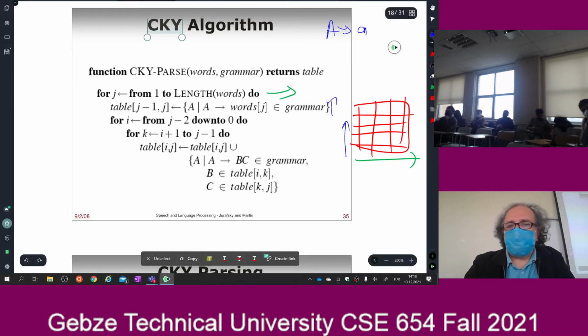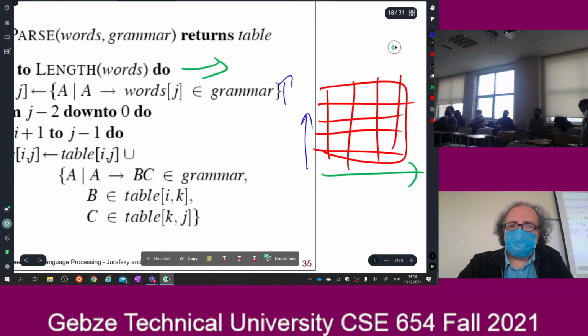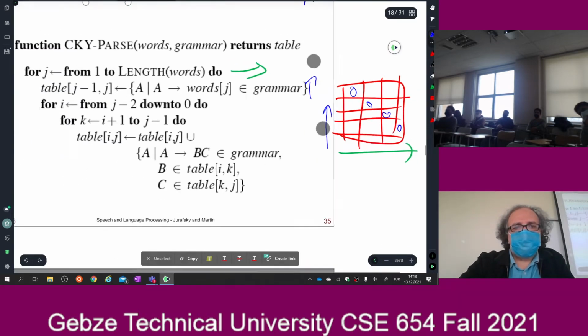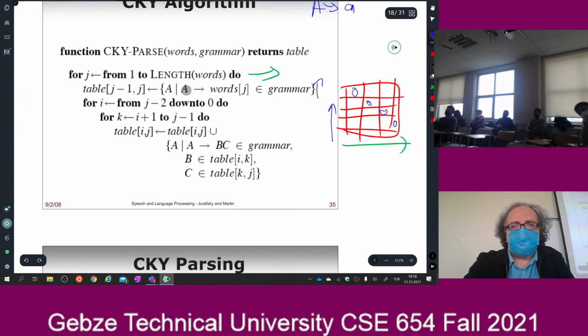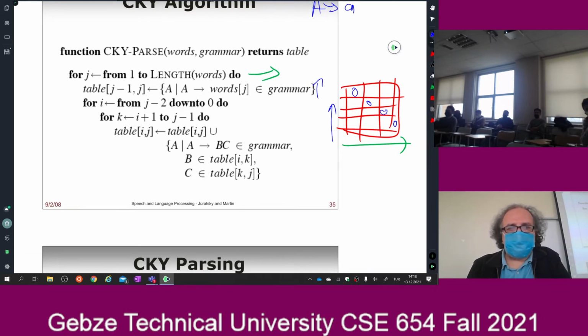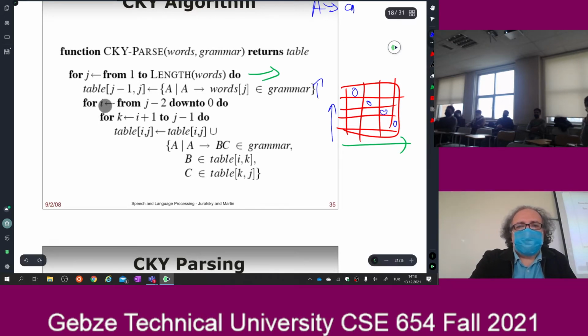This one places the non-terminals only on this diagonal here. The rest of them go from j minus 2 down to 0. So this one is going up, and inside it I have this k.